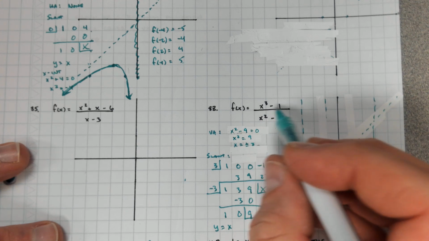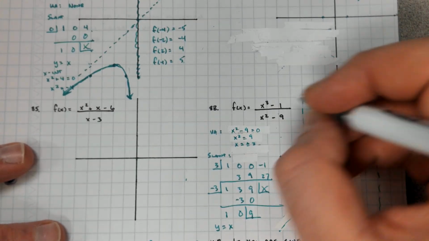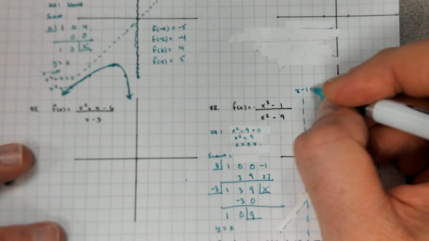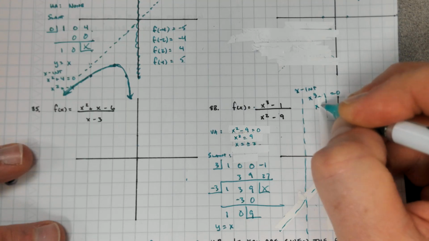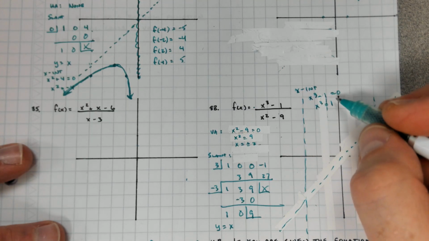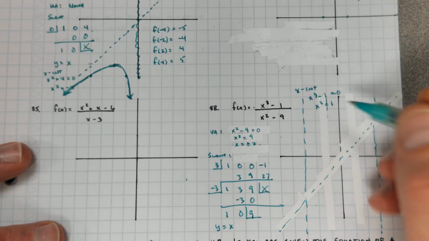I can also figure out what my x-intercept is by taking the numerator, x cubed minus 1, setting it equal to 0, which gives me x cubed equals 1, and so that gives me x equals 1.